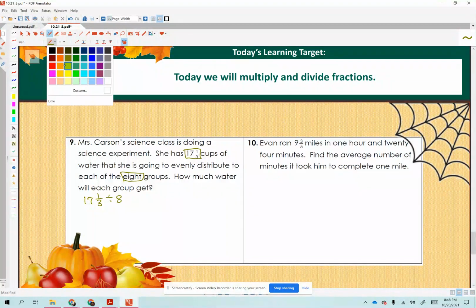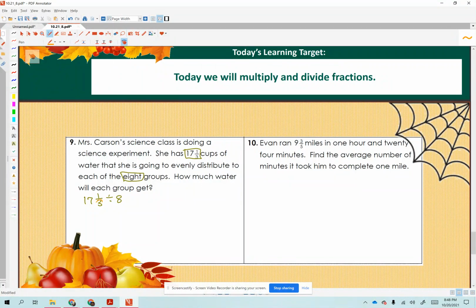So the first thing we'll do is convert that 17 and 1/3 to an improper fraction. So 17 times 3 is 51, plus the 1 in the numerator makes it 52 over 3. And we'll change the division to multiplication, and instead of 8 over 1, we'll have 1/8.